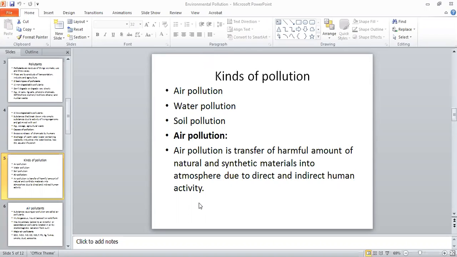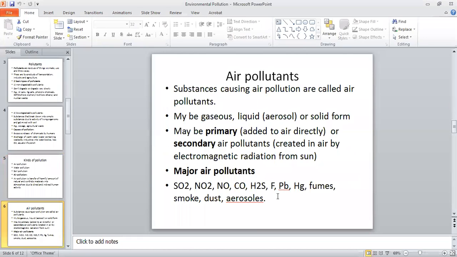First of all, we see air pollution. What is air pollution? Air pollution is the transfer of harmful amounts of natural and synthetic materials into the atmosphere due to direct and indirect human activities. If harmful substances enter the atmosphere, the air, then this will be the type of pollution which is called air pollution.